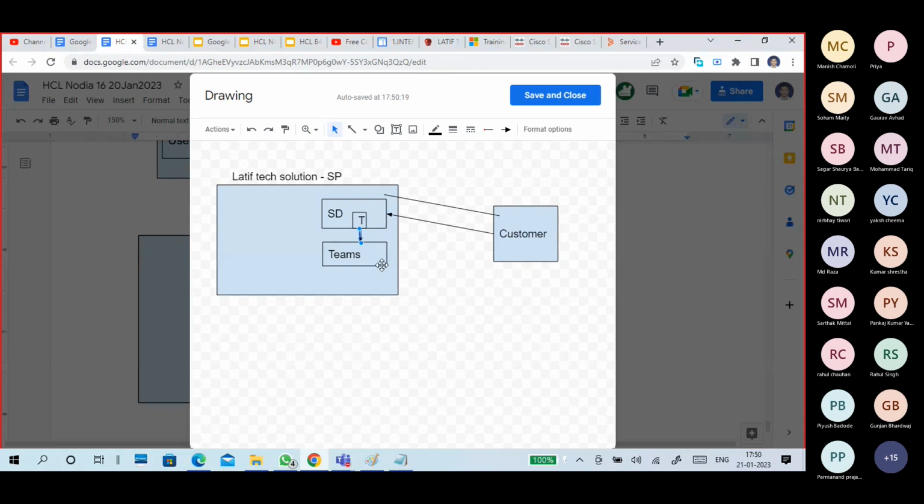This team will understand the request, give support to the customer, and try to resolve the issues either by going to the customer premises or remotely. Once the issue is resolved, the service desk closes the ticket.